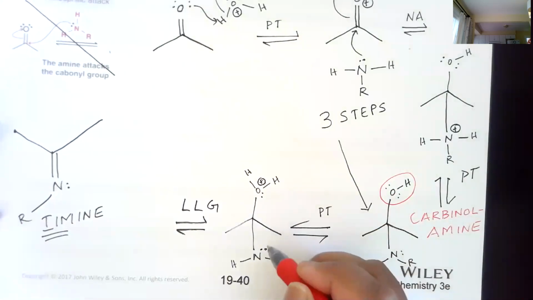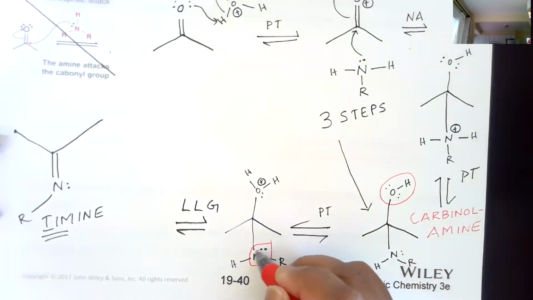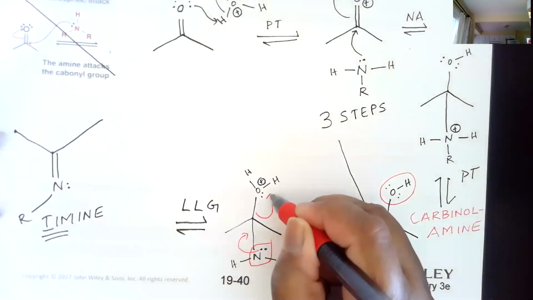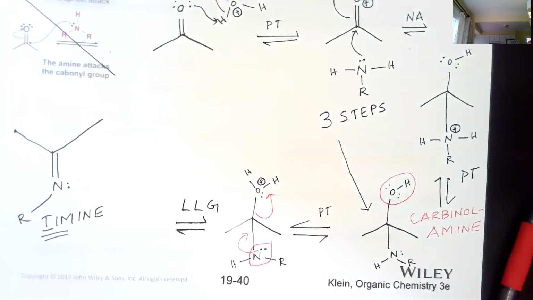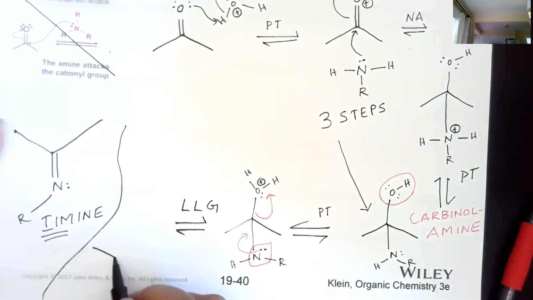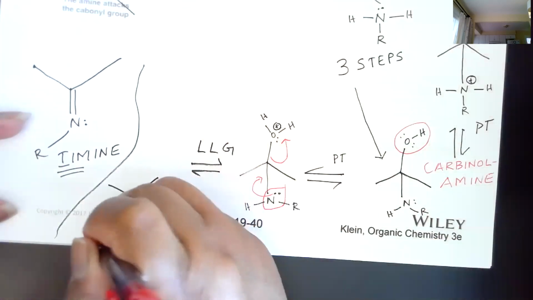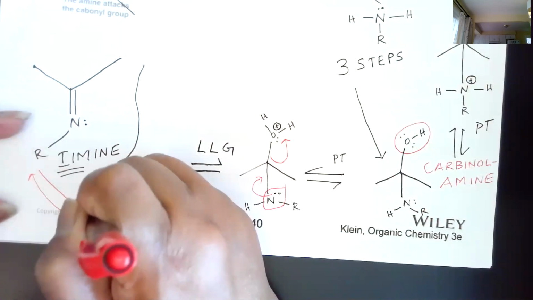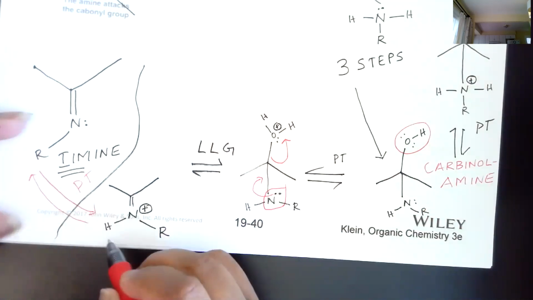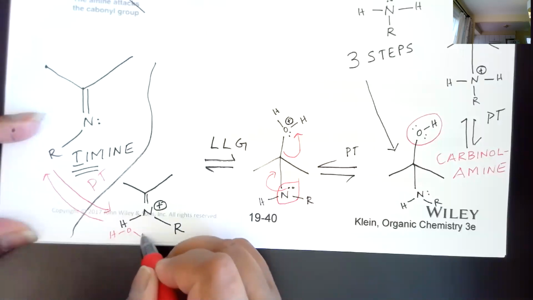Something that this lone pair does. Okay. You're almost there. The steps are, I would say, exactly the same as with the acetal formation. Now the nitrogen has a positive charge. What will he do? Proton transfer and use another molecule of water.